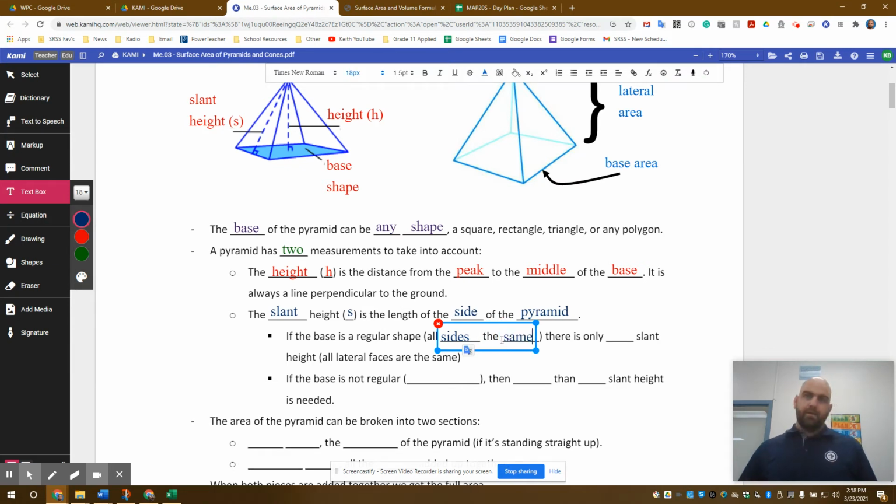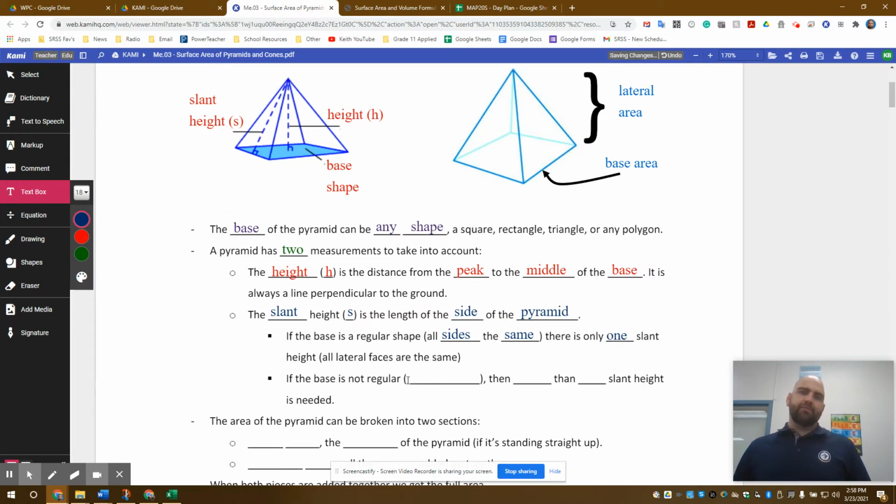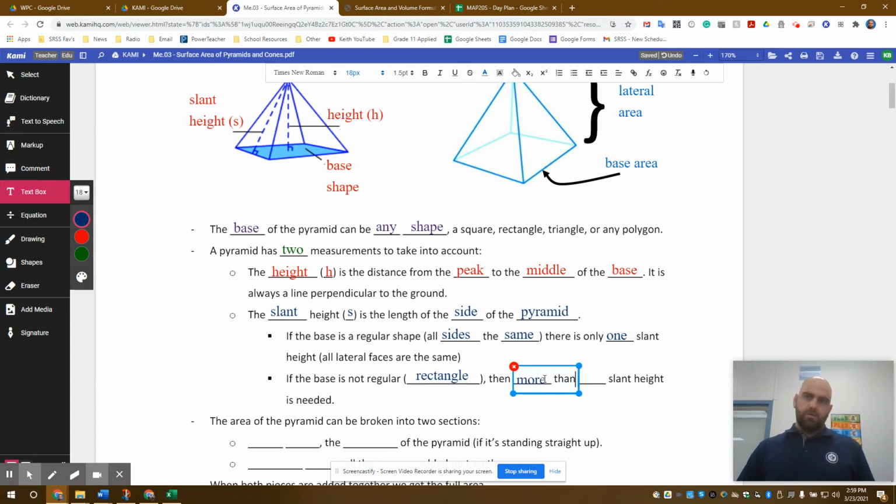Again. Okay. So if it is a regular shape, so all sides are the same, so we're talking about an equilateral triangle or a square or a polygon, then there's only one slant height that we have. So it's one slant height and it's the same for all. If the base is not regular, and really the only case that we're going to be looking at in this unit is a rectangle or a non-equilateral triangle, then more than one slant height is needed.